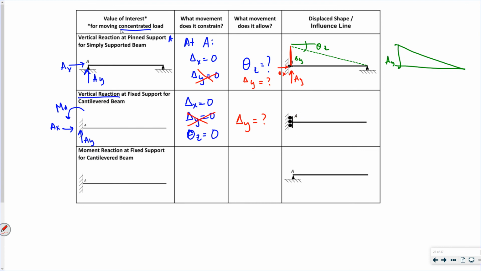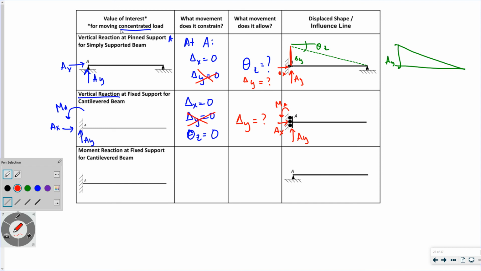I have a roller that allows movement in the vertical direction, but it doesn't allow movement in the horizontal direction, and it doesn't allow rotation about Z. So if I apply that vertical reaction AY, what happens is the whole thing just shifts up, right?